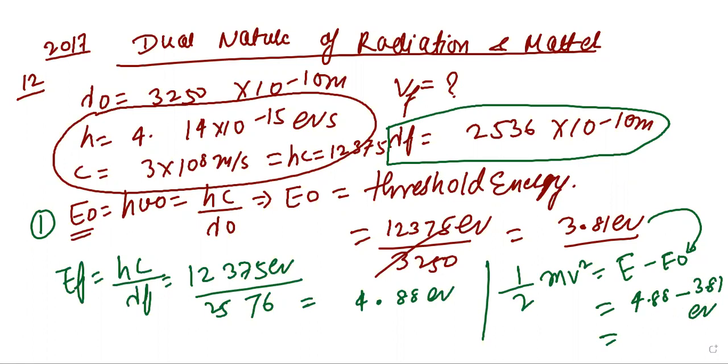It is 1.07 electron volt, so it is equal to 1/2 mv square. Now see in the next slide. 1/2 mv square is equal to 1.07 electron volts.